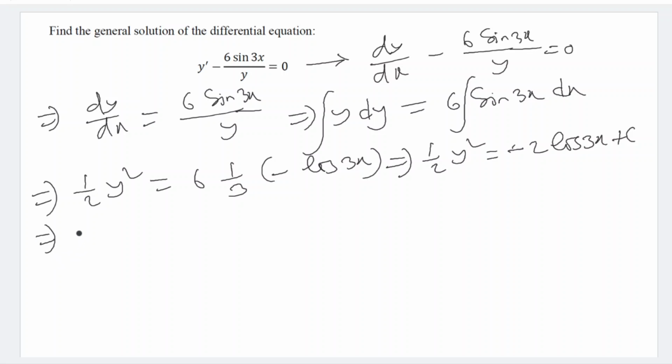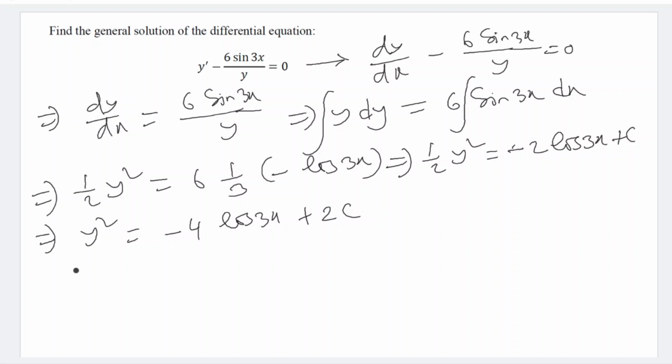Now we can say y squared equals minus 4 cos 3x plus 2c.